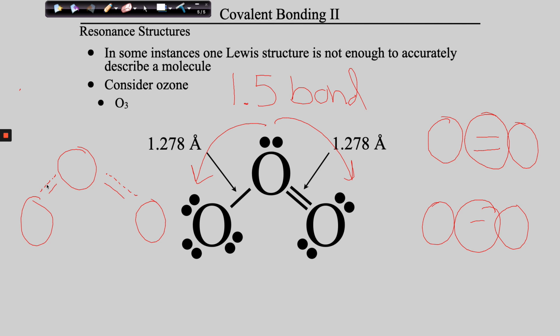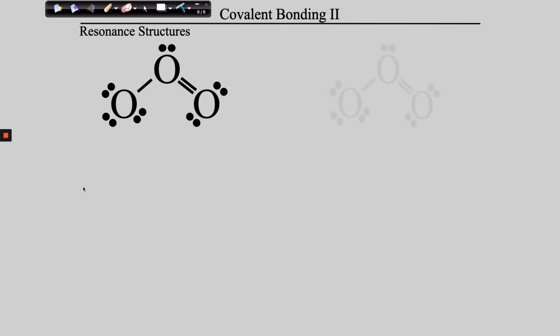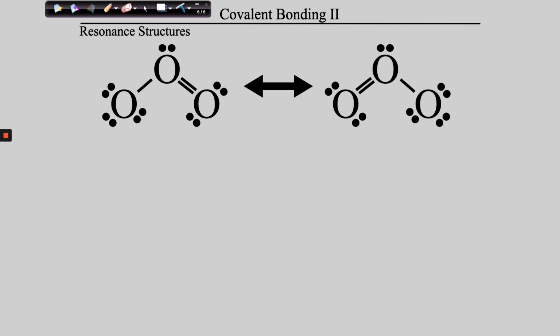So how do we talk about it? And guys, this you want to write down. This is the way we represent this. In order to represent this, guys, we do not draw the partial bond in both directions. We draw both of these molecules, one with the double bond to the right and one with the double bond to the left, with a double-headed arrow between them.